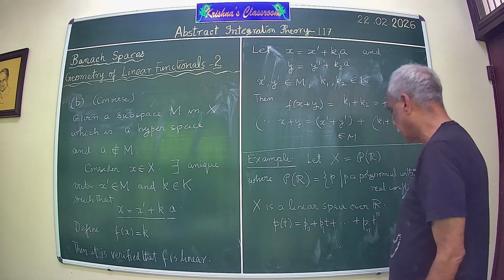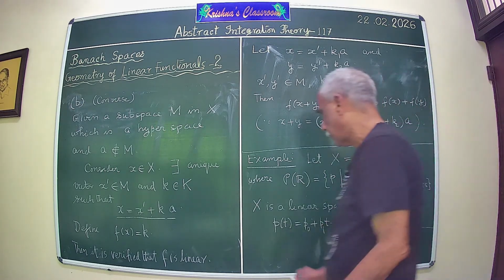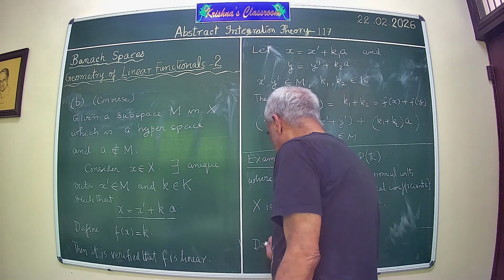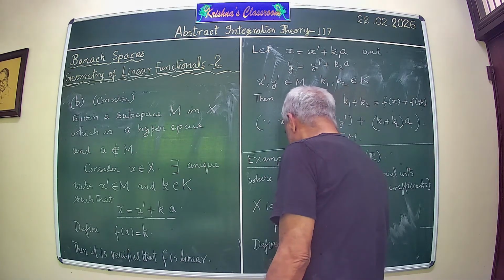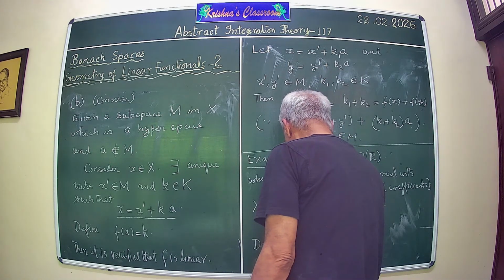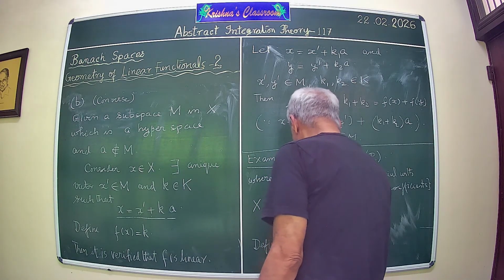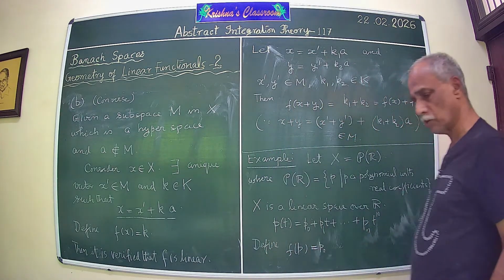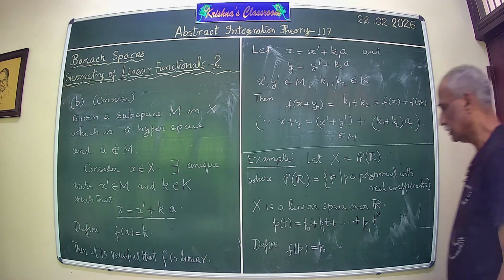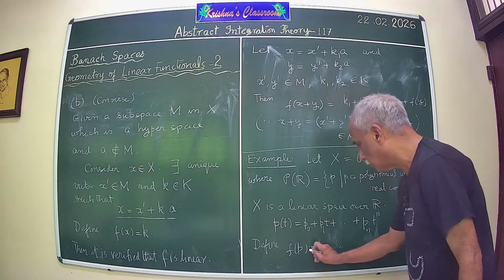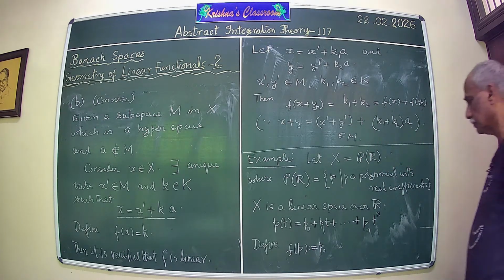This is the nth degree polynomial, the typical nth degree polynomial. Define f of P equal to P naught, the first scalar. The coefficient of t to the power 0 you define as the value of P under f.